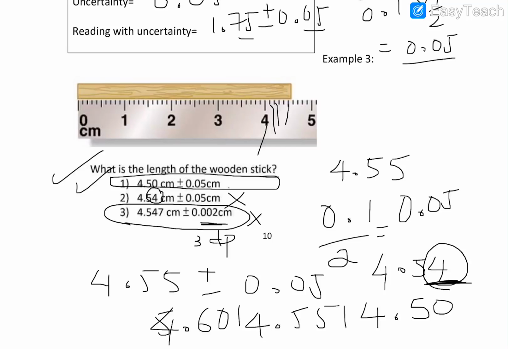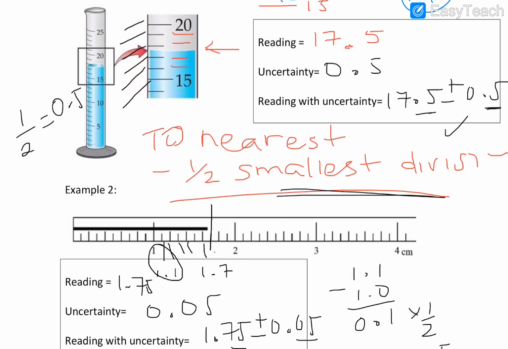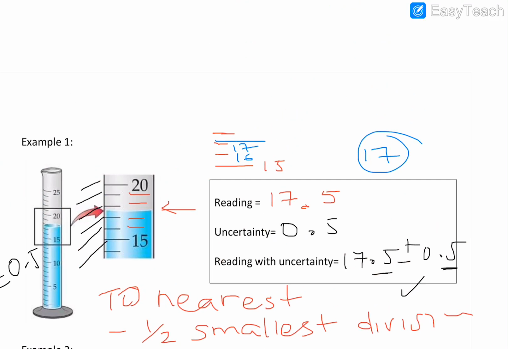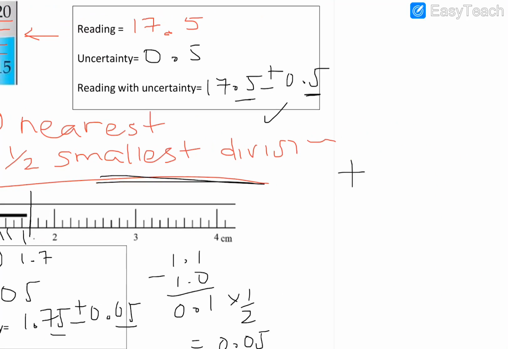Now, one thing I would like to specify is that if you look at all the uncertainty values, they are always to 1SF. All uncertainty values should always be to 1SF. You can never have uncertainty equal to plus minus 0.551.